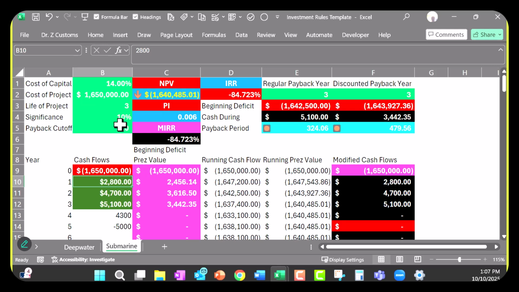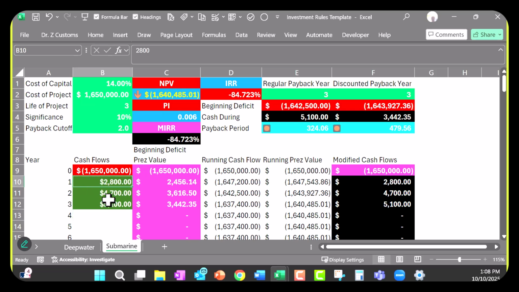Now, the way we set up the template, it ignores anything, even if there are numbers from before, which I'm going to delete simply because I'm anal about it. But even if numbers were there, they're not used.